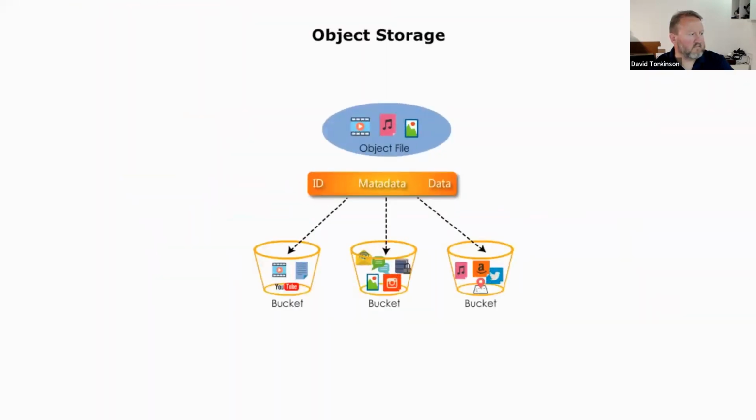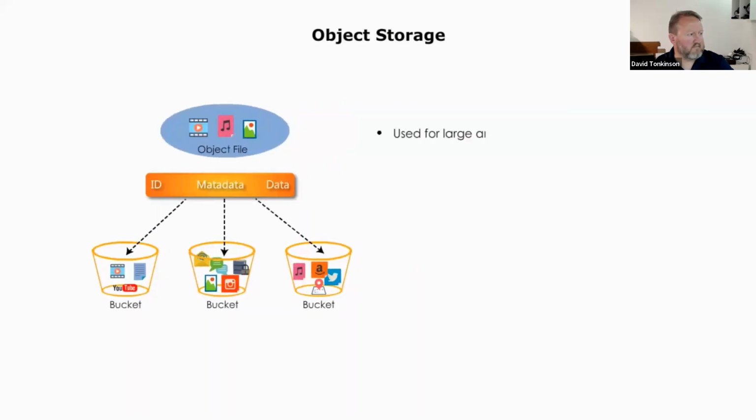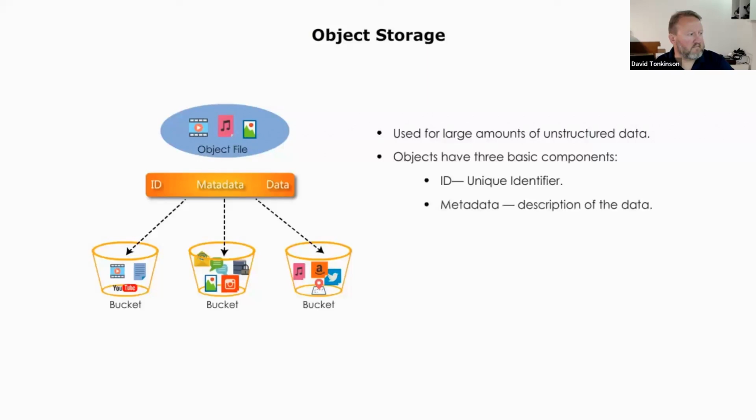Object storage. Object storage is a relatively new technology and is often used for large amounts of unstructured data. Objects have three basic components: ID, a unique identifier; metadata, a description of the data; and the data, which is the actual data.